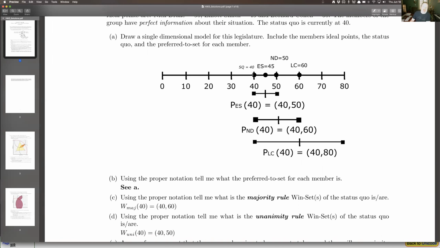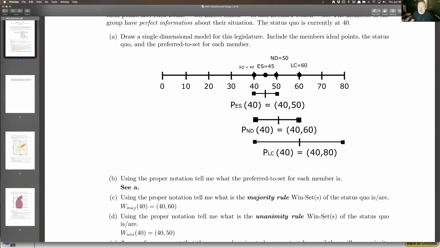You start at one person's ideal point and you go to the last person's ideal point, right? It's a one-dimensional model. We can't move around. Like I tell you guys to think about looping a string around each ideal point in a 2-dimensional model. We don't have that because there's no other dimension here. So you start at one person's ideal point, loop the string, go to the next person's, loop the string, go to the third person's, loop the string.